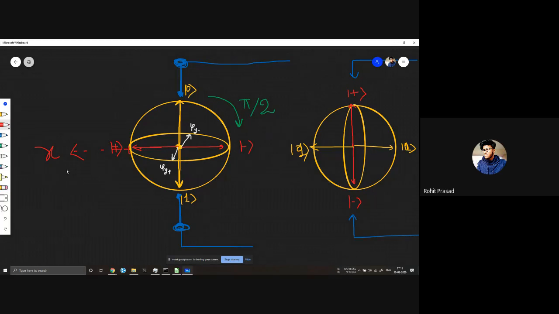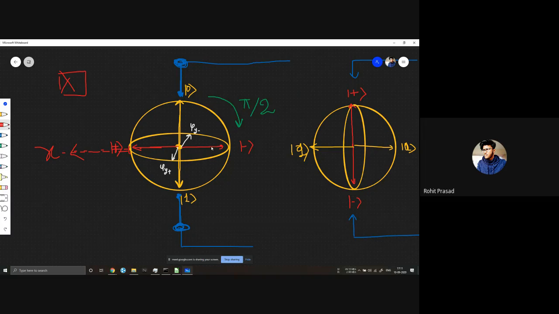You said that if we apply the x gate at this state, it won't change. What the x gate does is rotate the Bloch sphere along this axis by 180 degrees. So if you have a vector which aligns with this x-axis line, it won't rotate.